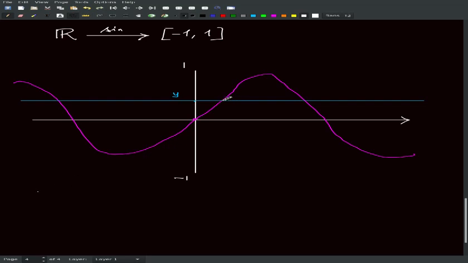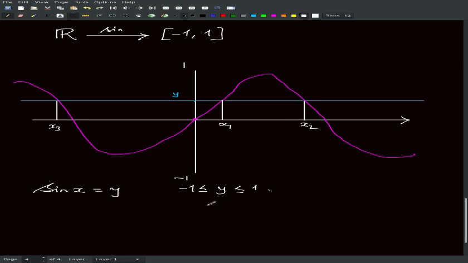We want all these points x1, x2, x3 and so on. So solutions of this equation, sine of x is equal to y, where y is something between -1 and 1.